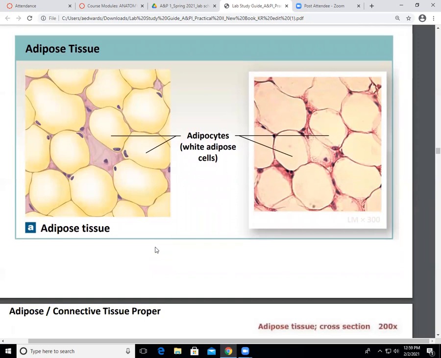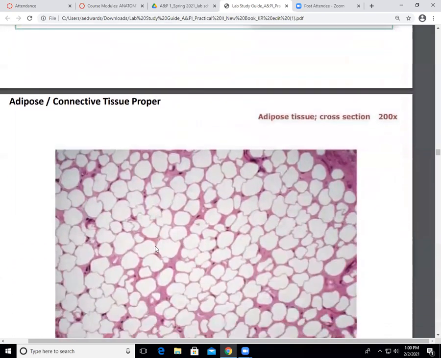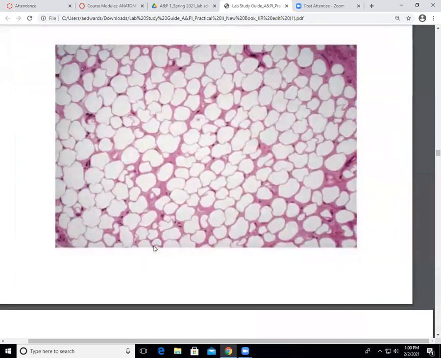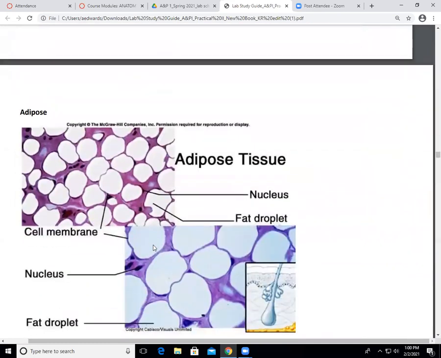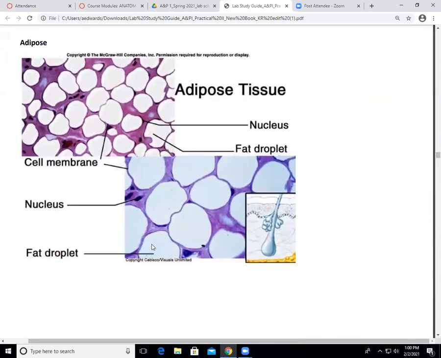All right, another view, the adipocytes, making up adipose tissue. Another view here. Okay, see all the little circles? Okay, it's adipose tissue. Same thing here. It's all that in the middle, it's fat. It's fat droplet. Okay.